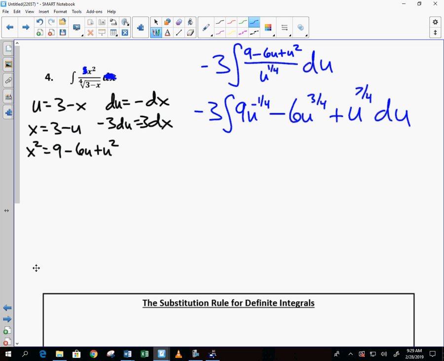Now I do the antiderivative. Negative 3 times, that'll be 9u to the 3/4 divided by 3/4, right? You know what? We might be able to work it through. I'm going to save that for the next step because I'm afraid I'm going to make a mistake.